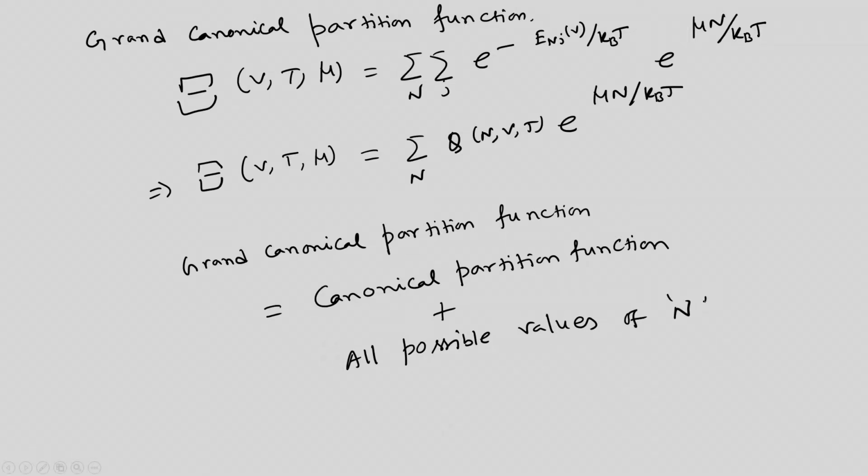So, the grand canonical partition function can be represented as the canonical partition function plus all possible values of n.